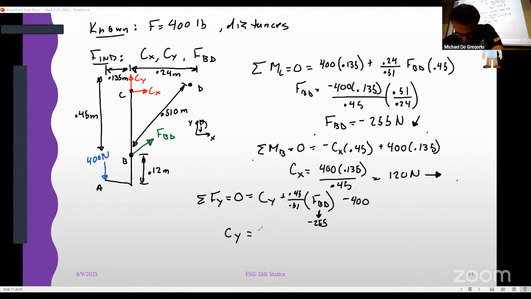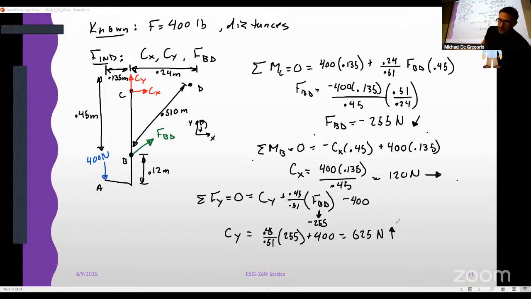And this is going to give us 0.45 over 0.51 times 255 plus 400, which is 625 newtons, and it's pointing upward. Great success. You can check it with the x direction equation if you want to. It's up to you. It works though.